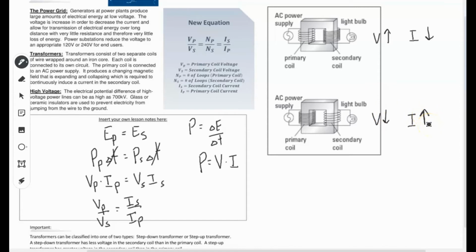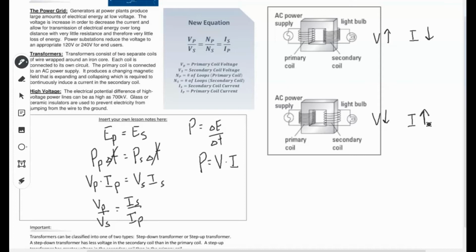And this is the key to sending electricity long distances without losing much energy. Resistance, or how much heat you produce in a wire, depends on how much current is in that wire. If you have a very, very tiny amount of current, then you have very little resistance, very little heat produced, and therefore very little loss of energy.